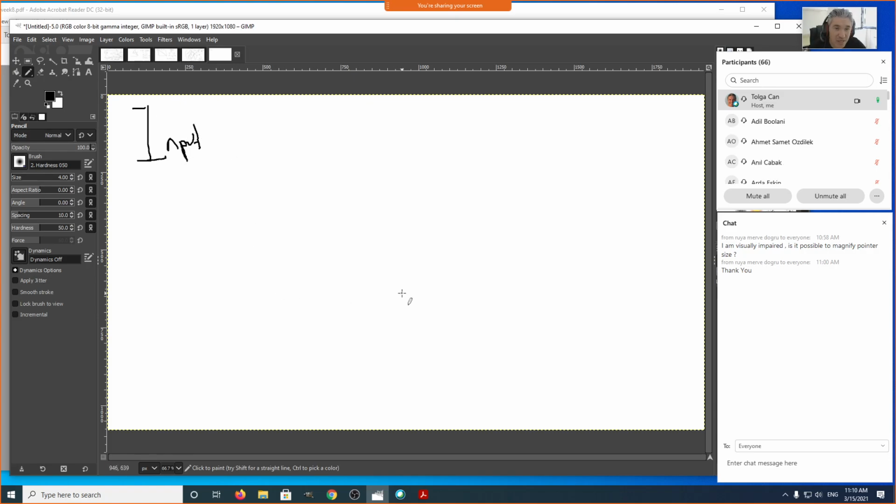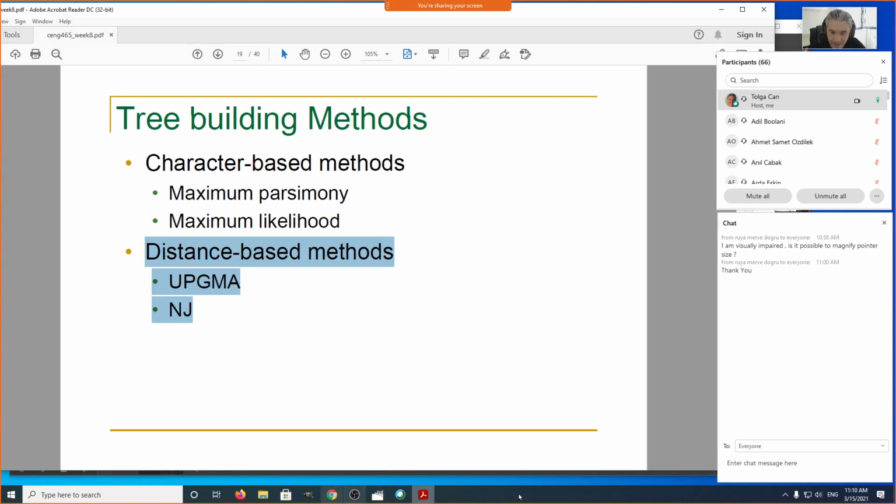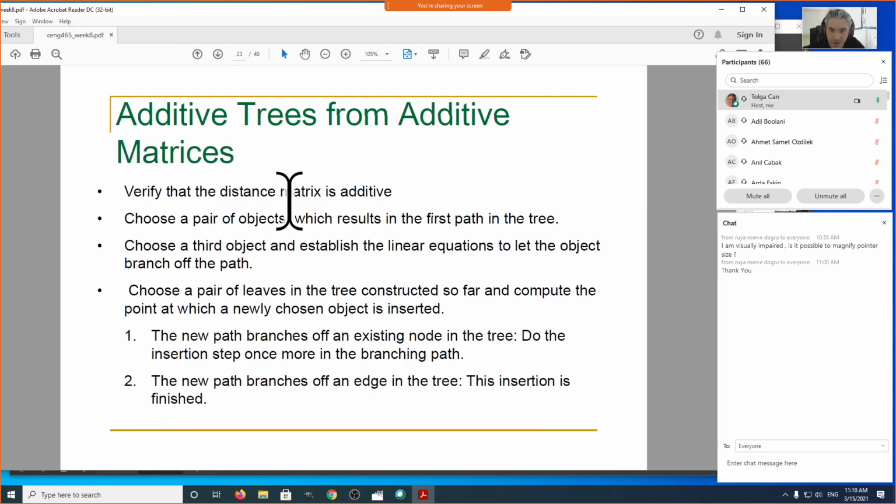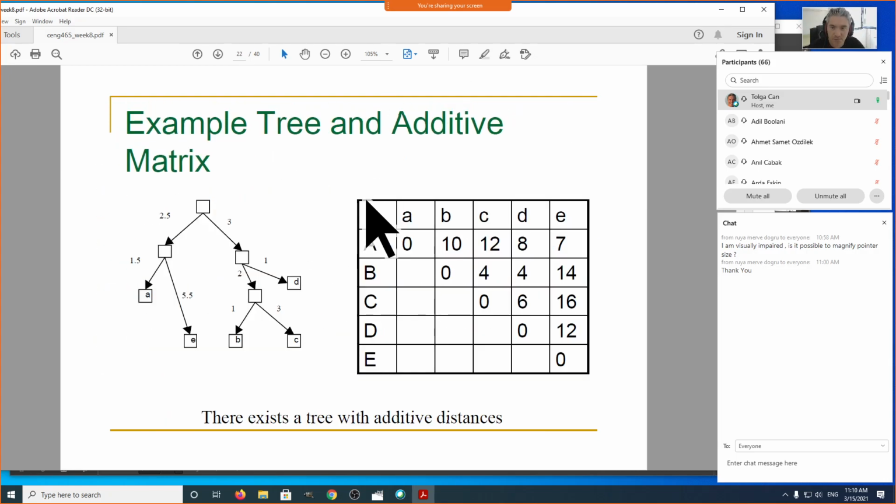The first step will be to verify that the input matrix is additive. After we verify that it's additive, the algorithm is going to be like this. Let me try it on an example additive matrix. Do we have an additive matrix here? Yeah, this one.